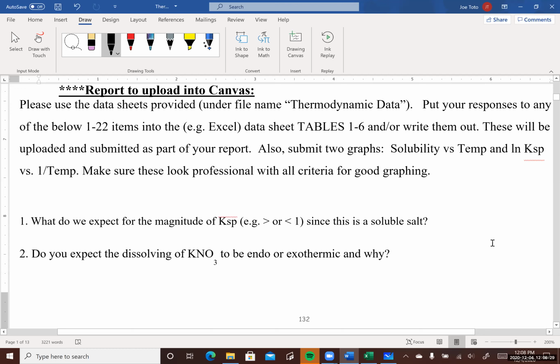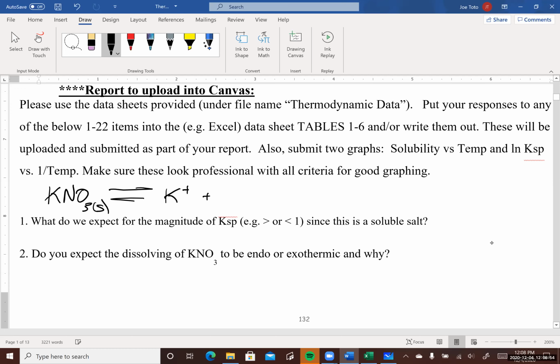Number one, what do we expect for the magnitude of KSP for this particular insoluble salt? Now remember, in this study, solid samples of potassium nitrate were dissolved in solution.